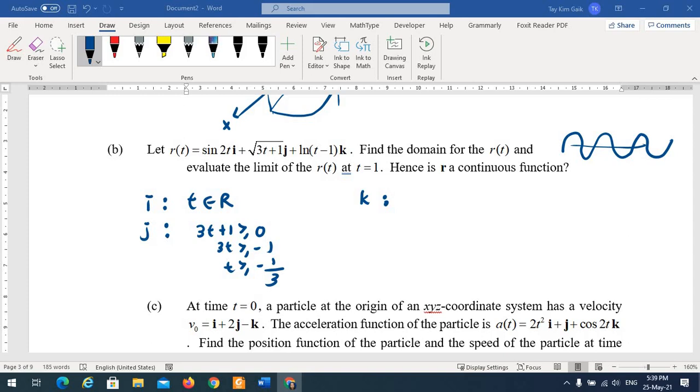This one is not effective, I wonder whether you're all sitting at the computer there. For ln t minus 1, how to get the domain?